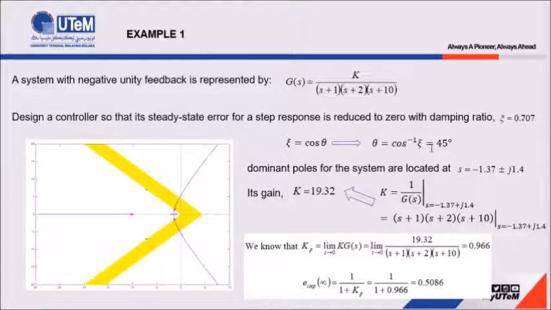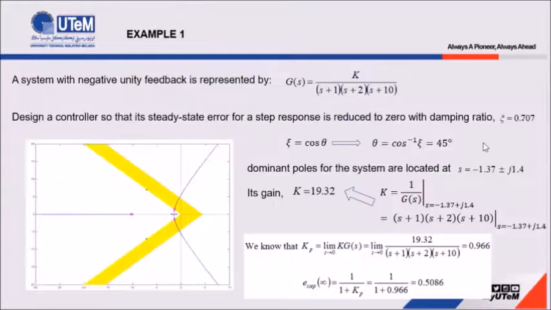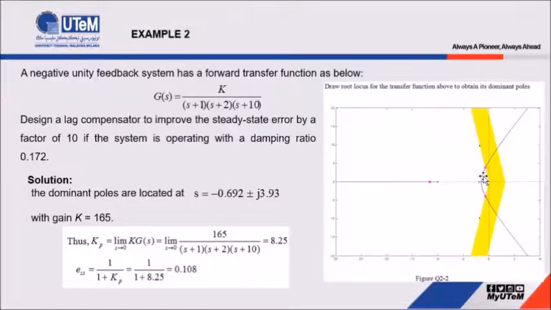The only difference is zeta, because based on the question we have to maintain zeta at 0.172. So we just put that value in zeta, and after we calculate, we can get theta, and then based on that theta we plot the line for this zeta.